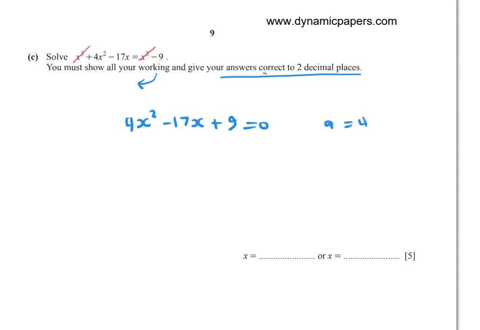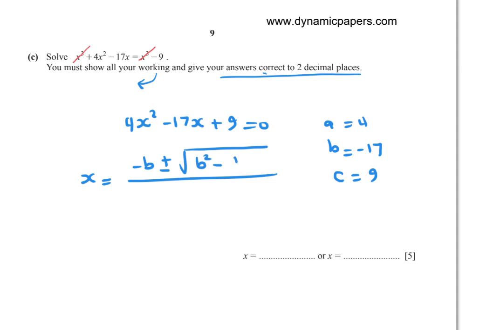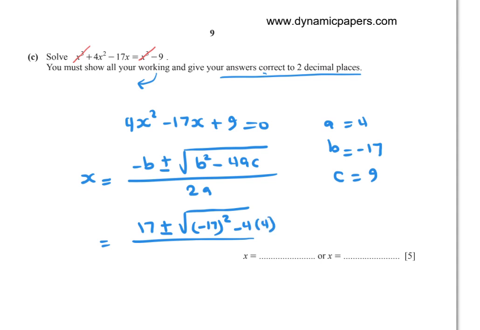A equals 4, B equals negative 17, C equals 9, so x equals negative b plus minus square root b squared minus 4ac over 2a equals negative b, so negative 17, so 17 plus minus square root b squared, so negative 17 whole squared minus 4ac, so minus 4 into 4 into 9, over 2a, so 2 times 4.